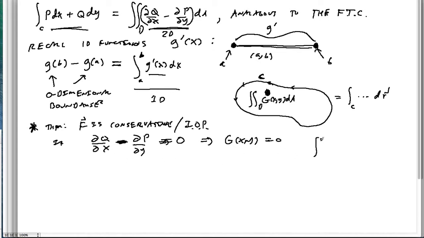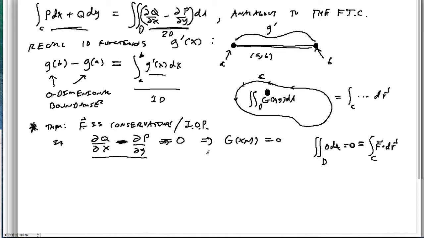And then the area integral over the region D that has no holes, like this, will be dA and will be equal to 0. And we know that that means that any closed path around that vector field is independent of path. So we verify exactly the statements we've seen before.